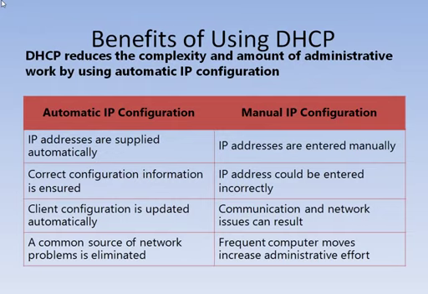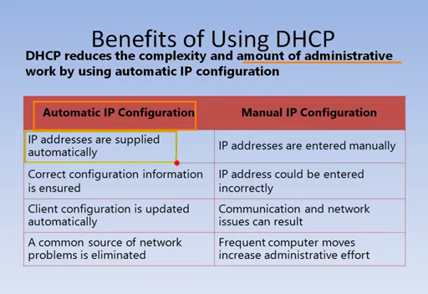There are a lot of benefits of using DHCP. DHCP really reduces the complexity and amount of administrative tasks by using automatic IP address configuration. If we compare automatic and manual IP configuration, in automatic the IP addresses are supplied automatically.